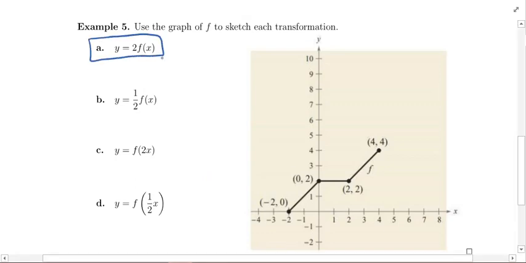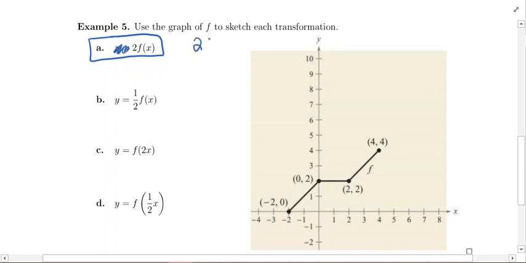So what I want you to do, like I said, is take each of these 4 points that are emphasized and move each one of them, and then the graph as a whole will move. We have this graph that we've been given, that is f, and we're trying to graph 2 times f of x. The y equals here, don't worry about that.